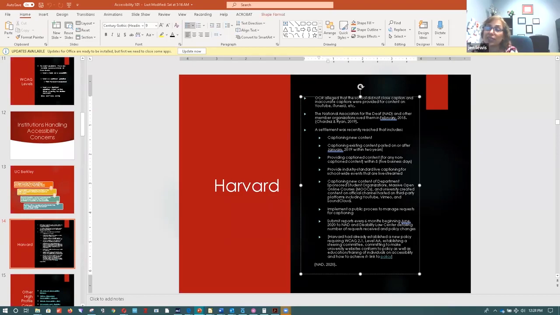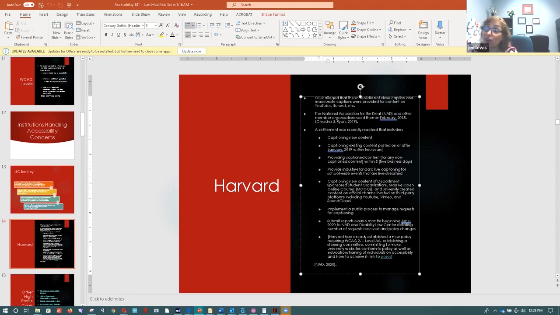One of the things these settlements have worked on is saying, we know that we have old content that is not accessible, but to make things work from here forward, that's our commitment. We start from here forward, make everything accessible going forward. And then we come up with a plan that says things in the past we'll address so that we have everything done within 2 years or something like that.